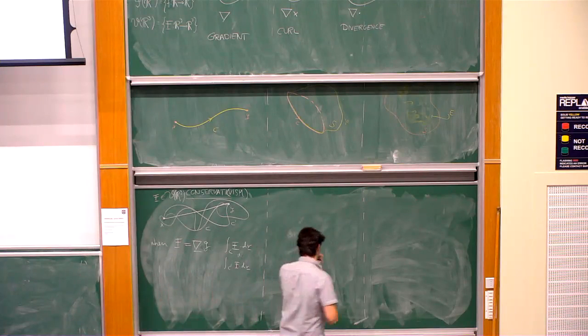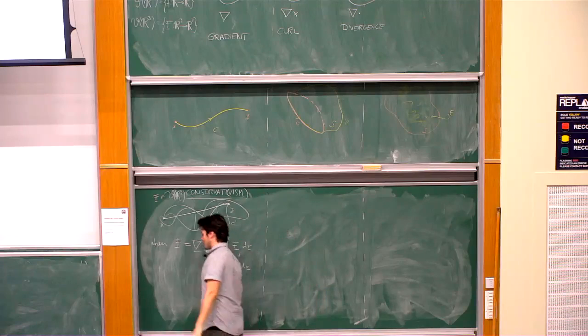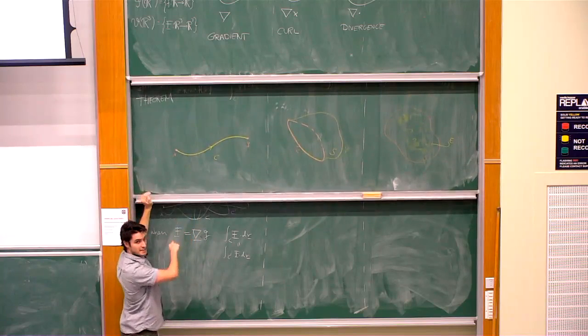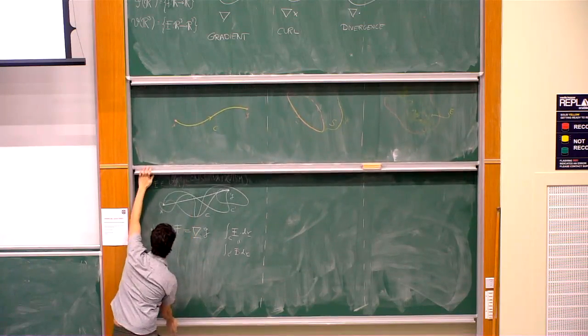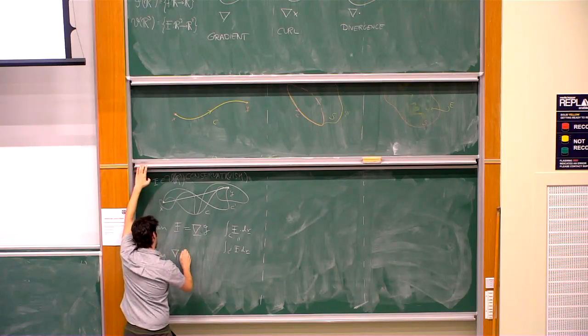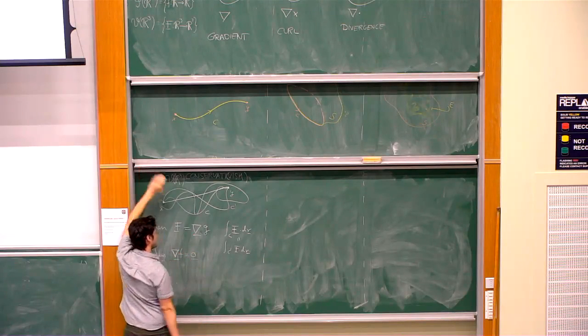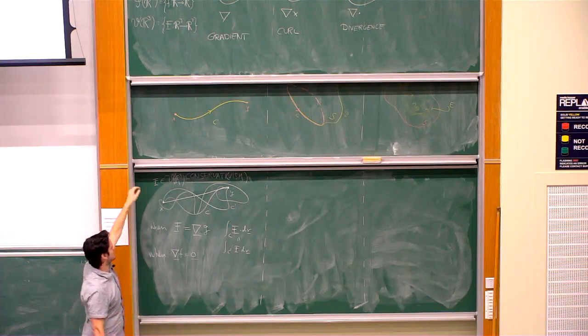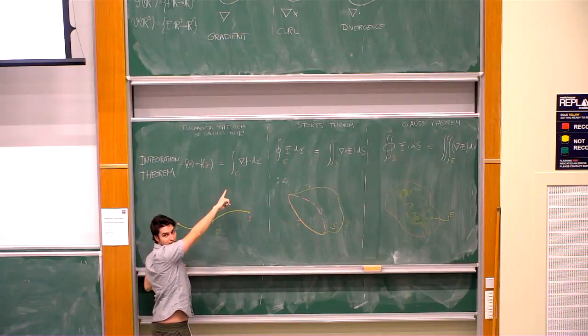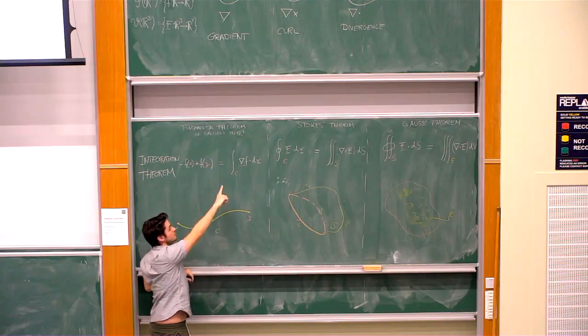Now, obviously, if you have a function with zero gradient, then the line integral vanishes for any curve.